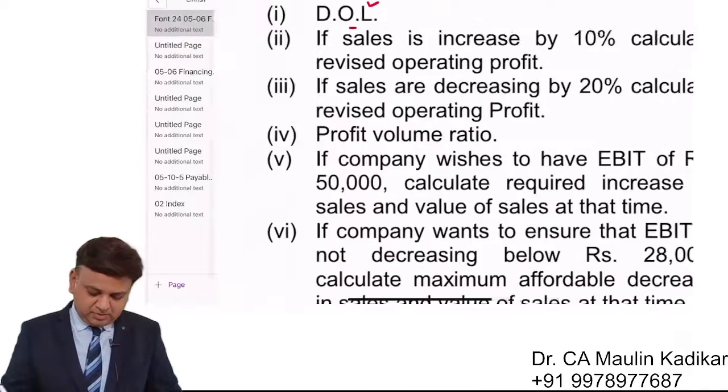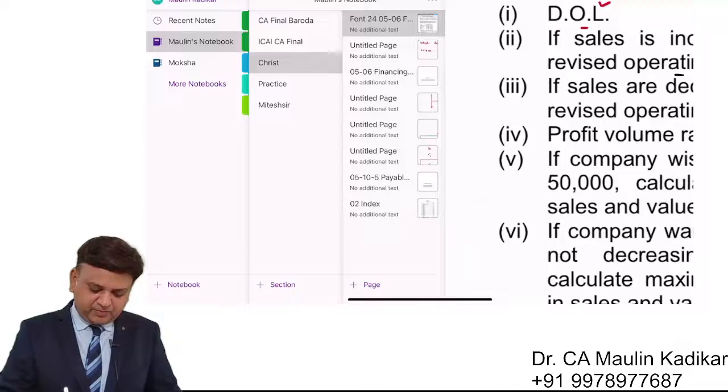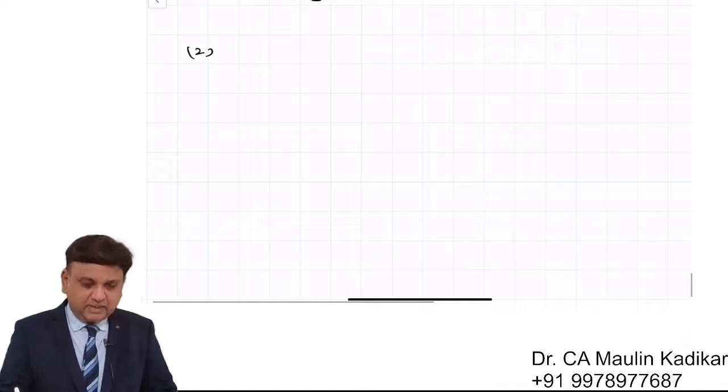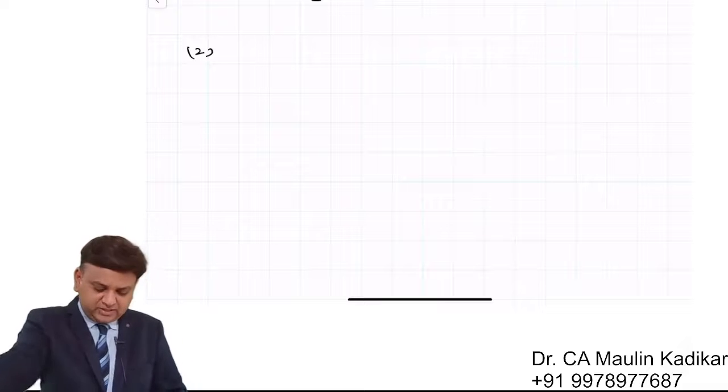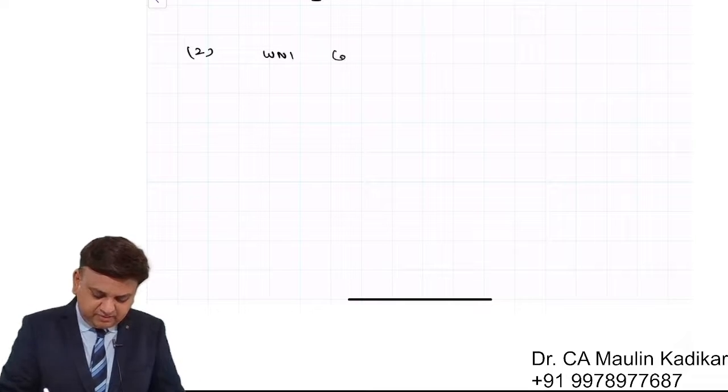Second question. If the sales increases by 10%, calculate the revised operating profit. I request all of you to write down the answer along with me. Working note number 1: calculation of percentage change in EBIT.